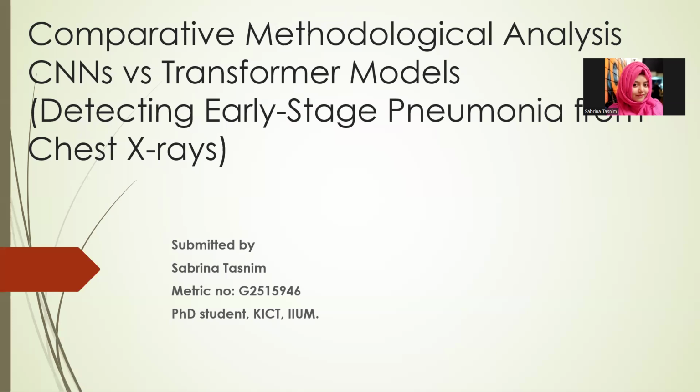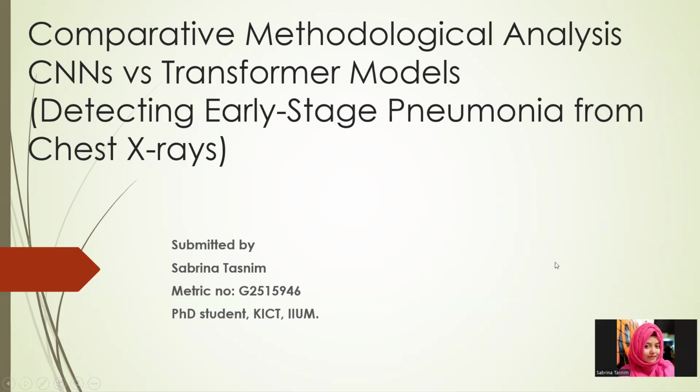So today I'm presenting my individual assignment titled Comparative Methodological Analysis: CNN versus Transformer Model for detecting early stage pneumonia using chest X-ray.